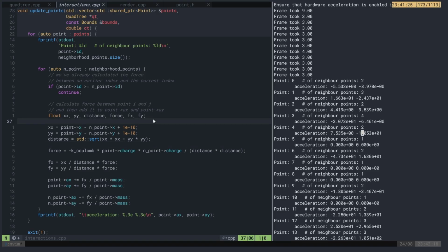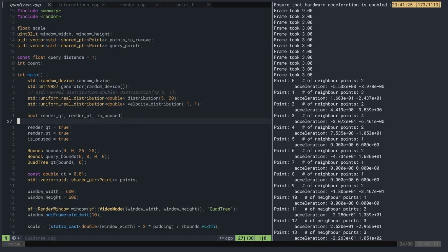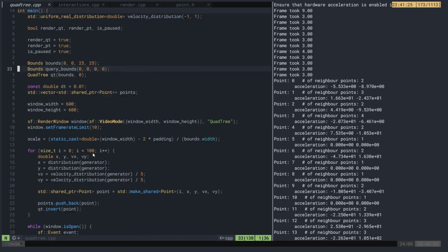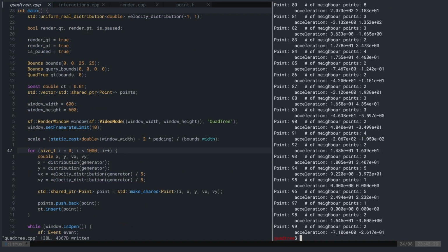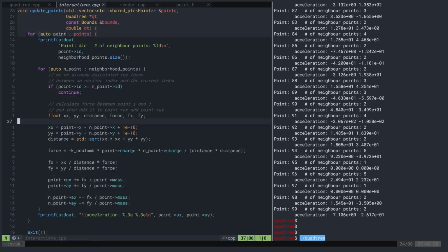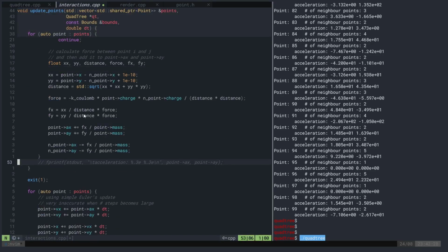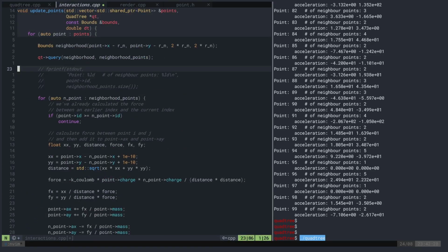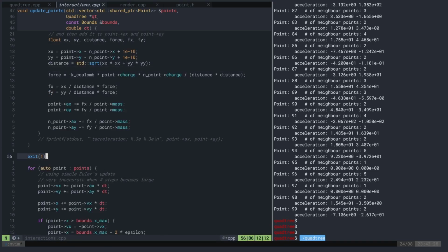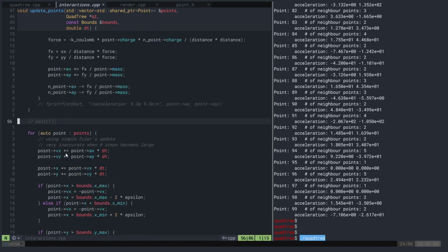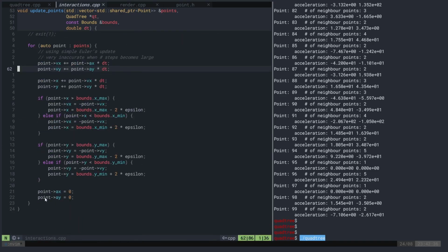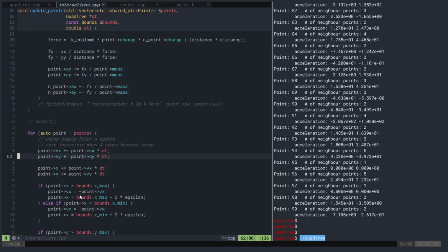We might just need a few more points. So let's bump it up to maybe 1,000, and then see if things are working a little better. I need to turn off these print statements and then remove the exit. I am resetting it to 0, which is great.